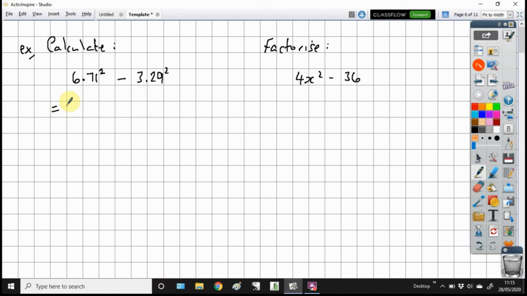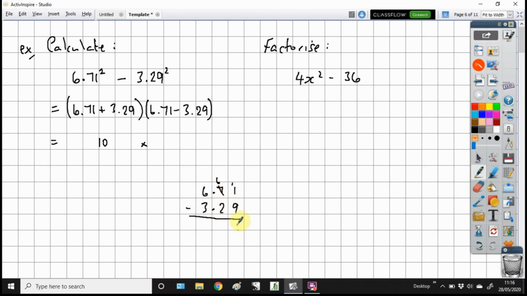If, however, we recognise that we're looking at the difference of two squares, then we can write it like this. Which doesn't look much better until you realise that this bracket actually makes 10. So all I need to do now is work out 6.71 minus 3.29.